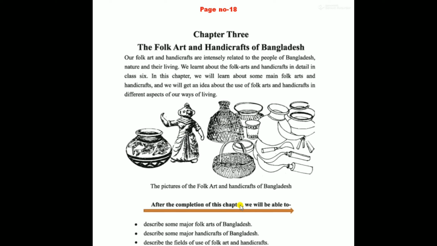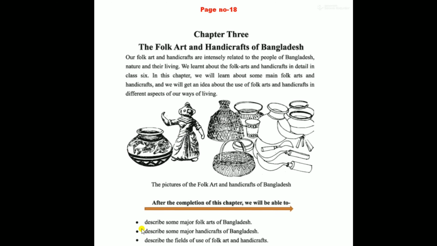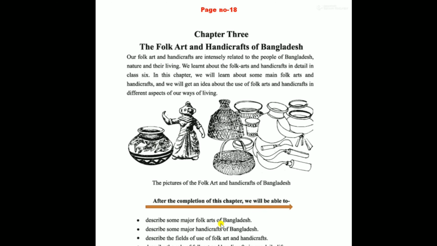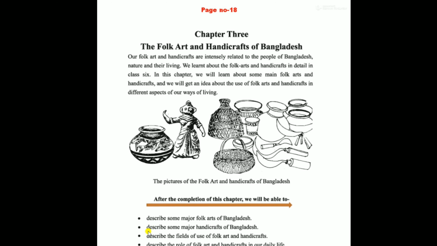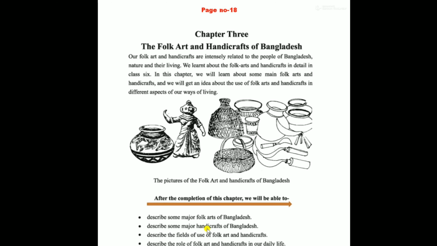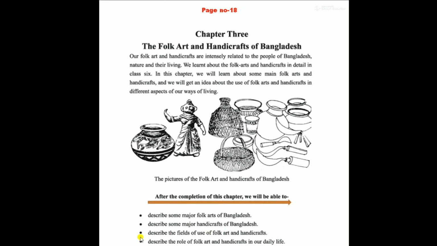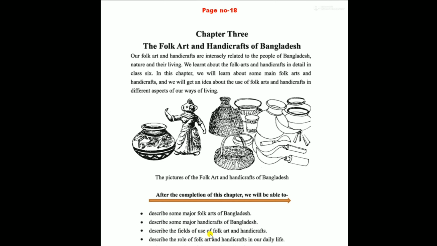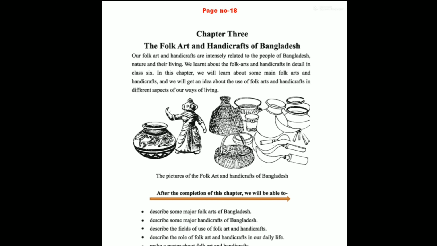After finishing this chapter, we will be able to: point number 1, describe some major folk arts of Bangladesh. Point number 2, describe some major handicrafts of Bangladesh. Point number 3, describe the fields of use of folk art and handicrafts.